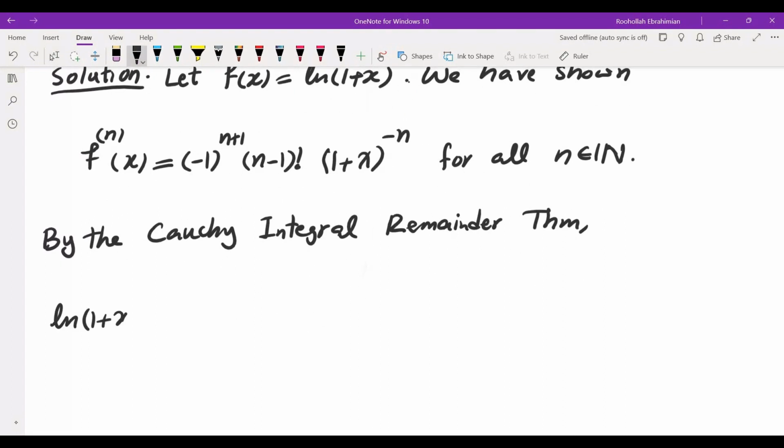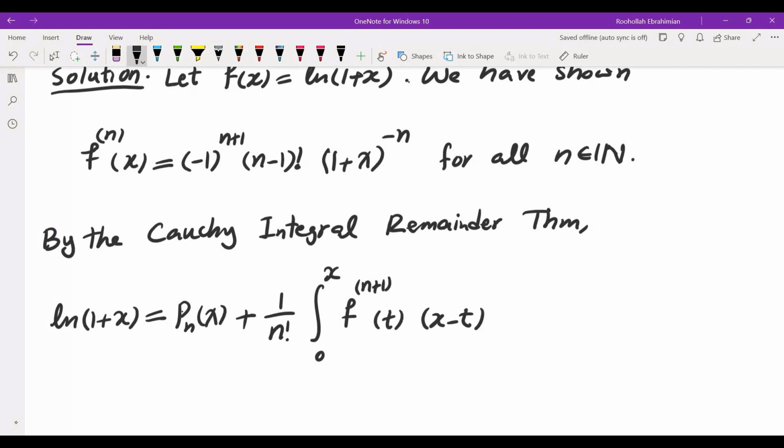Natural log of 1 plus x is going to be equal to Pn of x plus 1 over n factorial integral from 0 to x, fn plus 1 of t, x minus t to the power of n dt. And this is true for all x greater than -1.